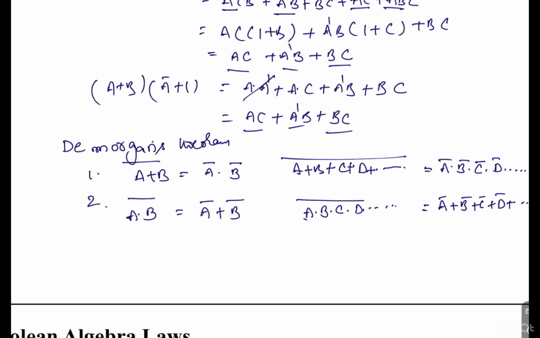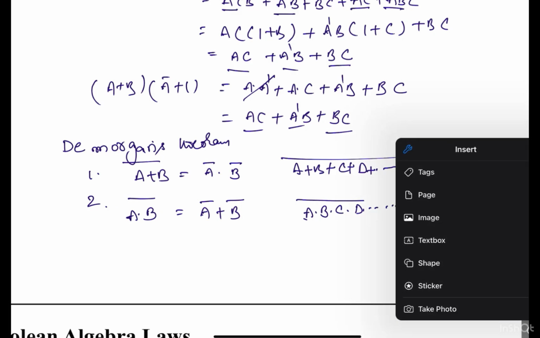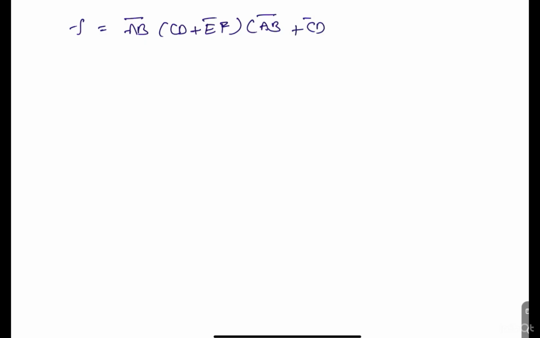And we can take some examples and simplify using De Morgan's theorem. So for example, suppose f is equal to (ab) whole bar (cd + e bar f) again (ab) whole bar + (cd) whole bar. Suppose this is the example we have. Now we need to simplify using De Morgan's theorem.